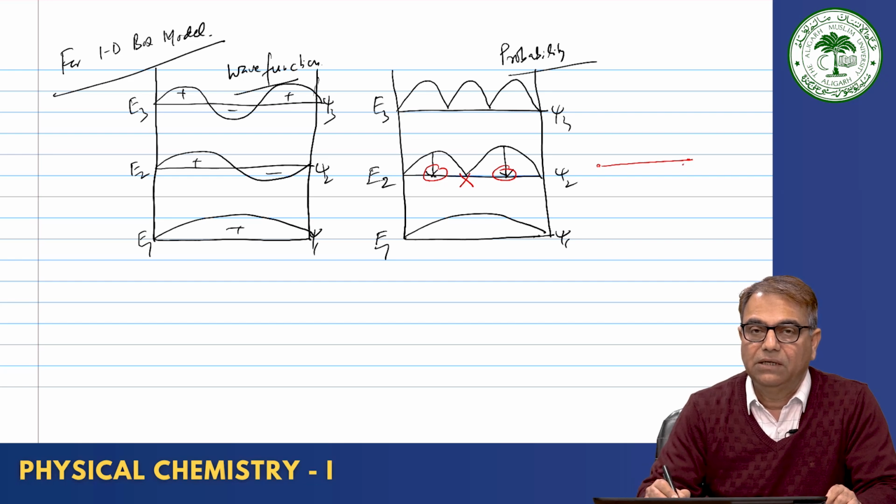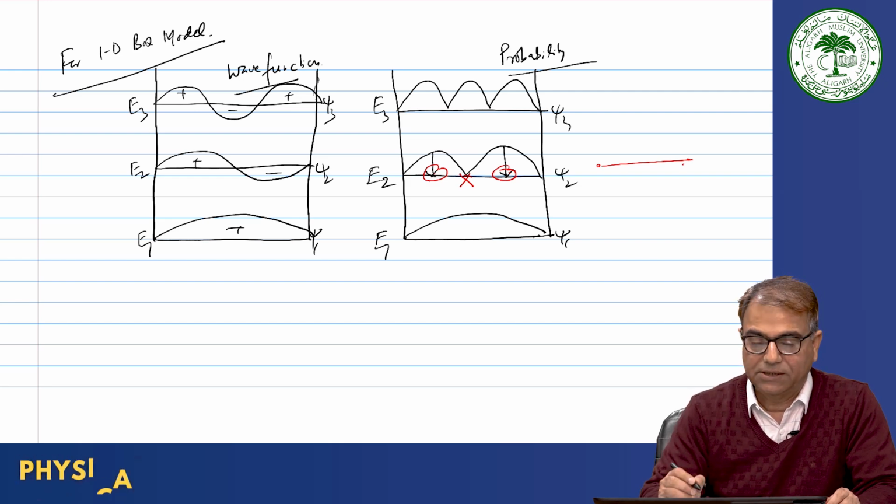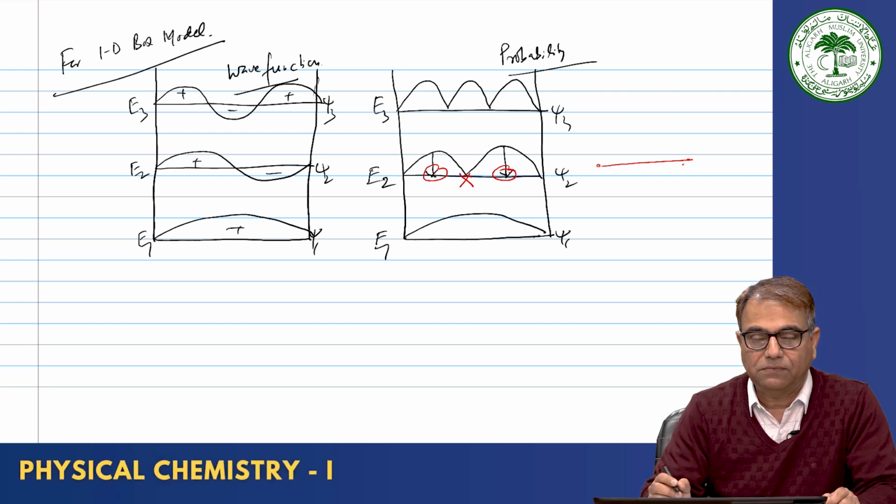But here we say no, there is a probability that the particle can be found here, there is a probability that it can be found here, but in between, at a divided by 2, the probability is 0, because the wave function itself is 0, and if the wave function is 0, then the probability has to be 0, because the square of the wave function is the probability. Okay. So, the particle can move from this point to this point without going in the y direction and without touching this point x, where the probability is 0.